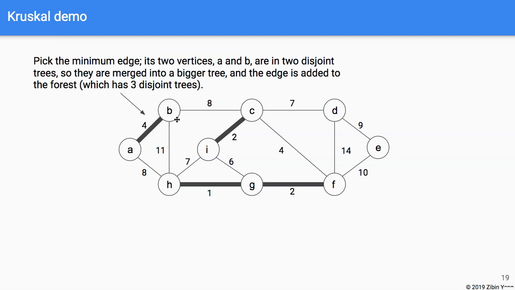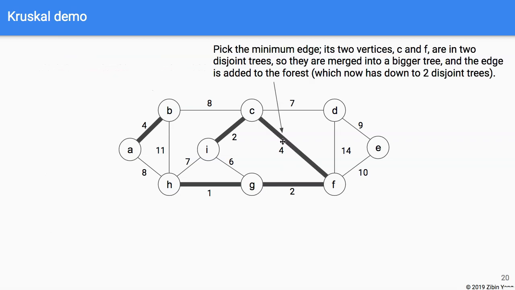So they are merged into a bigger tree, and then that bigger tree with the edge itself is put into the forest. So now you can see in the forest, there are 3 trees, and they're all disjoint.